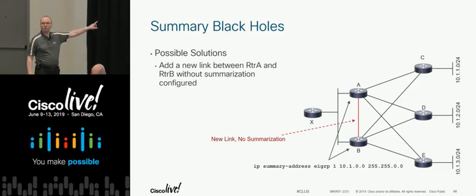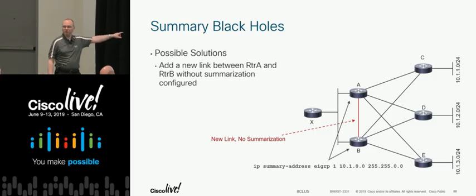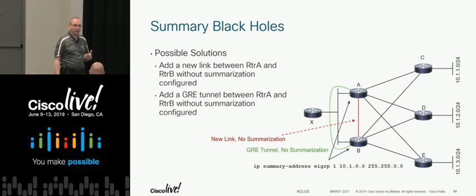We need to create a new link somehow between A and B that will carry those routes unsummarized. And it can be a dedicated interface, which would probably be a waste of resources. It can be a new VLAN, which you can always create. It can be even a GRE tunnel just hooked on the IP addresses on the common network on A, X, and B to make sure that it really talks through the company network and not through the spokes.